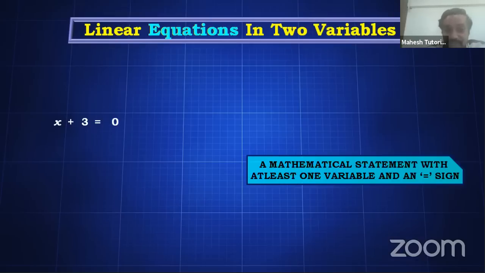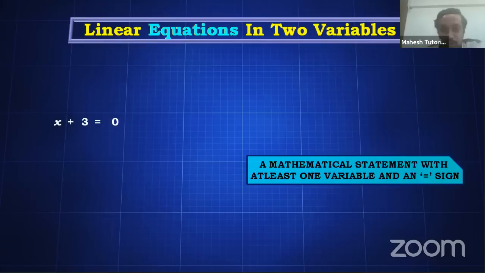Yes, the second condition is also satisfied. So if both the conditions are satisfied, in that case, this mathematical statement is an equation. Perfect. So I think by now, the meaning of the term equation is quite clear to everyone. So remember students, equations are those mathematical statements which should have at least one variable and an equal to sign.